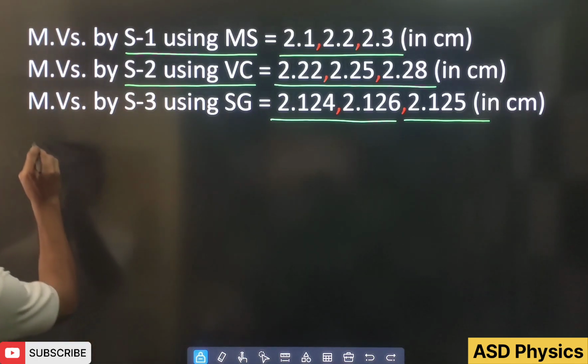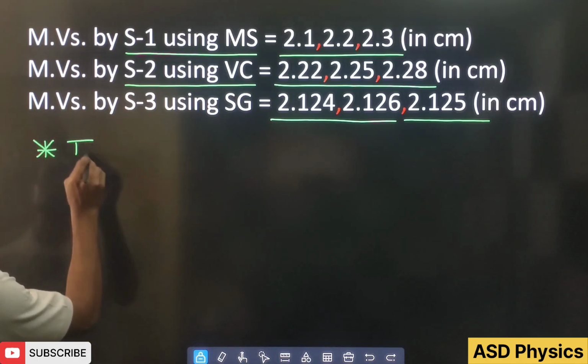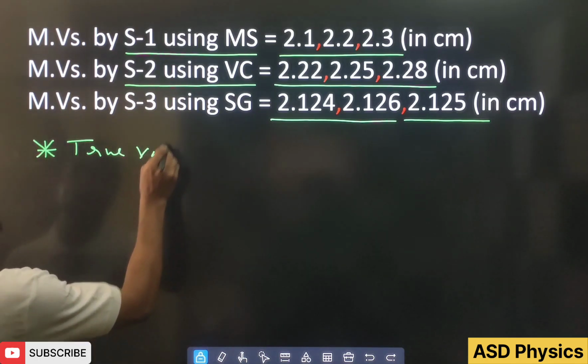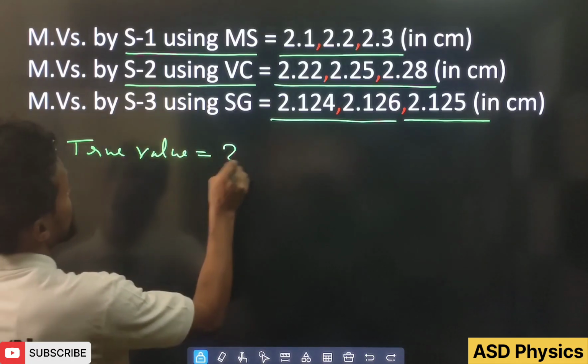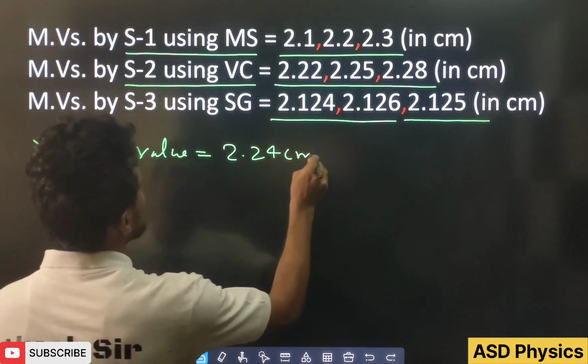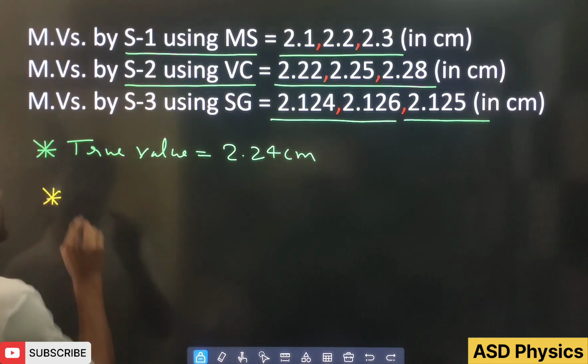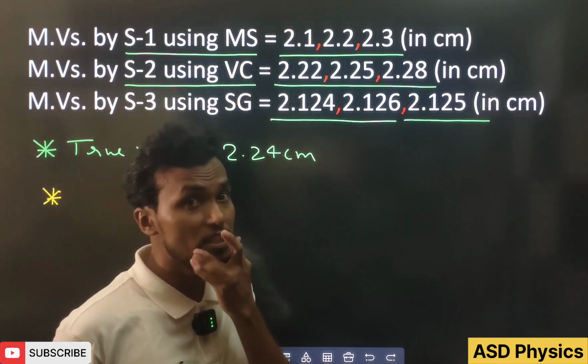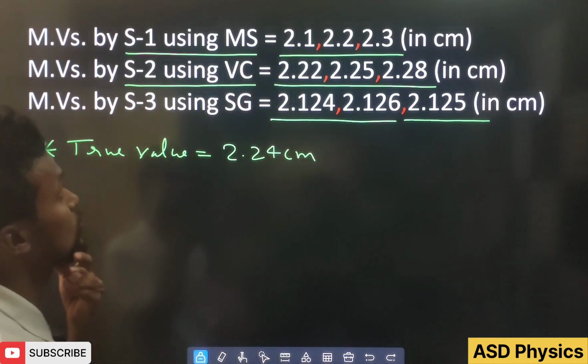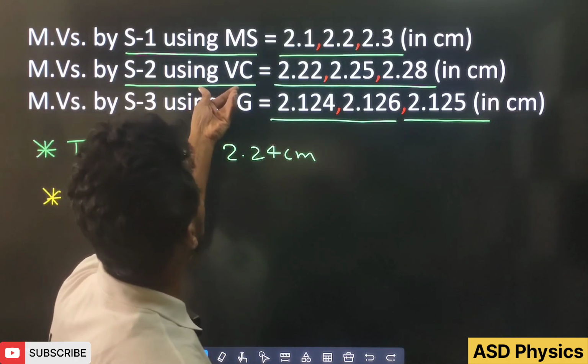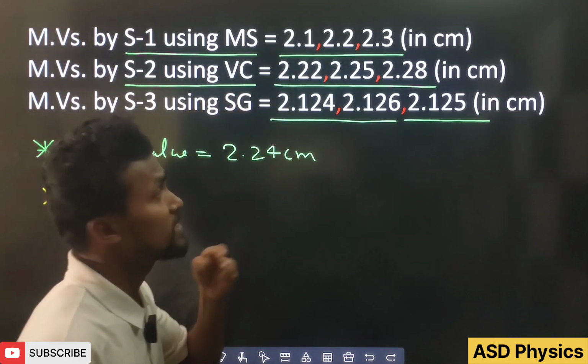Okay, but here if I write here the true value, then we can see here the true value. The true value we know very well, 2.24 centimeter. Okay, so if you will see here, which measurement is very close to the 2.24 centimeter, you can see very well. This measured values of the vernier calipers is very close.